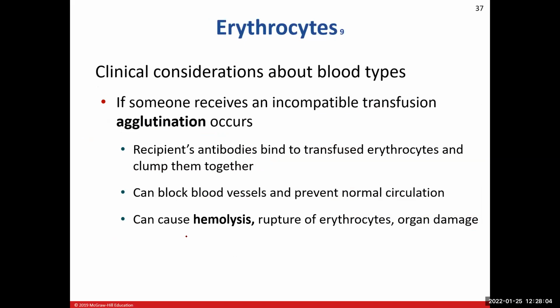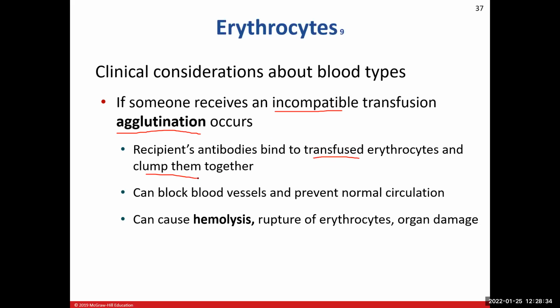All right, so what happens if we give somebody the wrong type of blood? Say I got type B or AB blood. That could be a problem for me because now I am going to start to have the process of agglutination. This is basically where my antibodies are going to go after the red blood cells that were transfused into my body, and we start to see clumping.